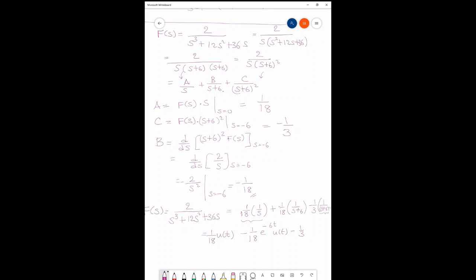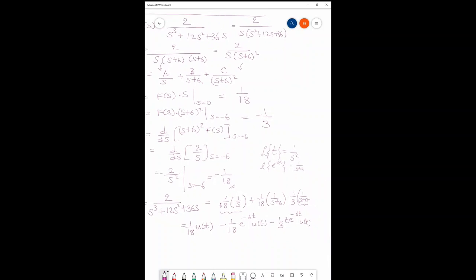You remember for t we have 1 over s squared, and for e raised to minus at we have 1 over s plus a. When we combine that, we will see that property later. We have t e raised to minus 6t u of t. So that would be the transform.